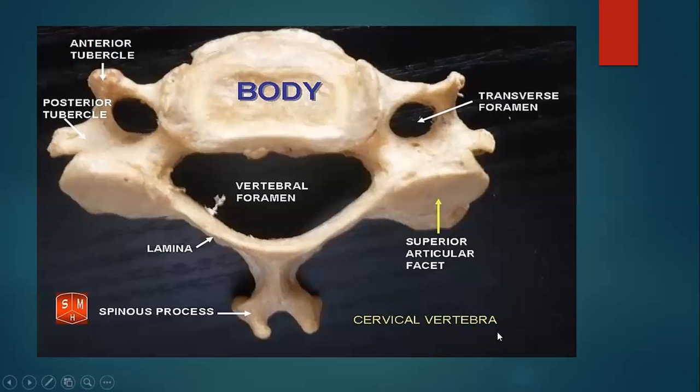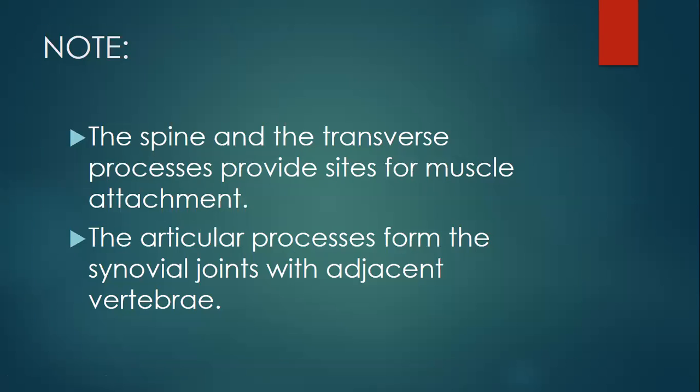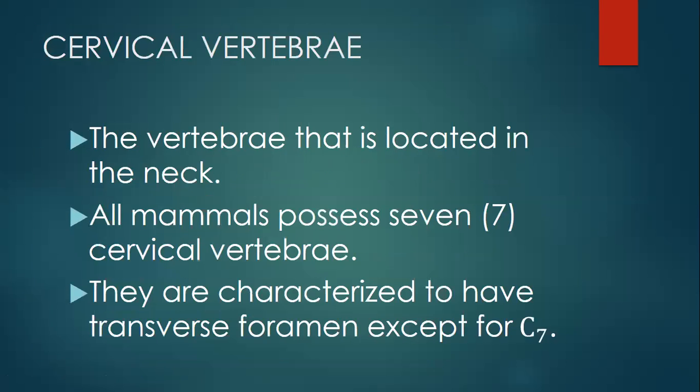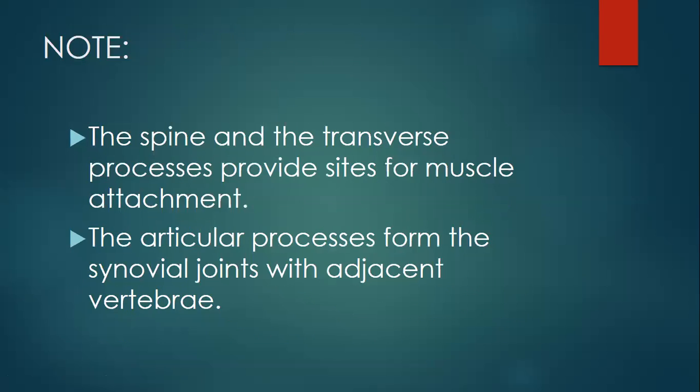This is the vertebral foramen. And this one over here is the transverse foramina. Foramina meaning it's more than one. So except for C7, or the last cervical vertebra, that's a common feature among the cervical vertebrae.